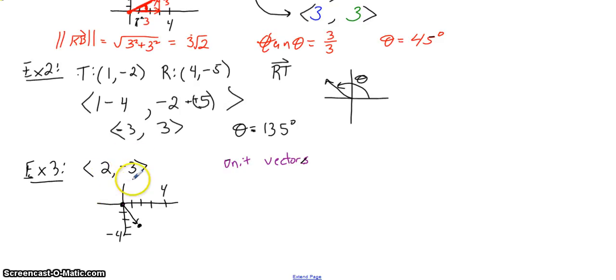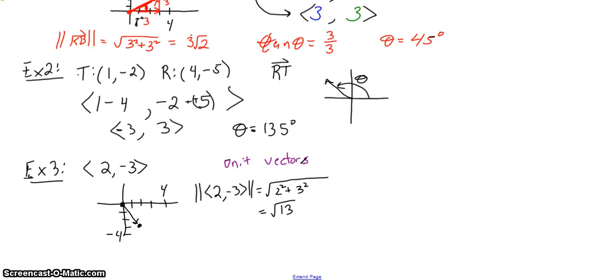Well, how do we resize this down to 1? How do we go from a magnitude, by the way, what is the magnitude of that vector? Just do the Pythagorean theorem. Again, no worries about negatives because that just tells you direction, so square root of 13.